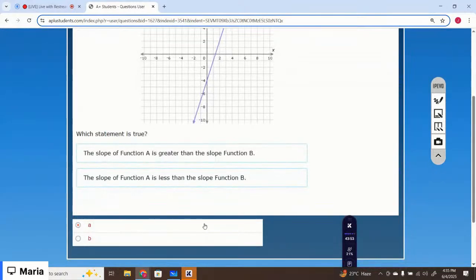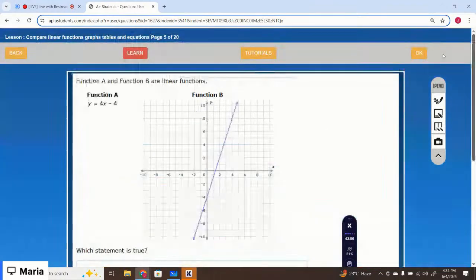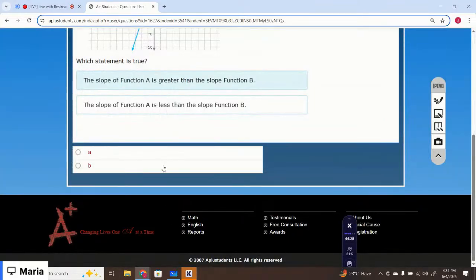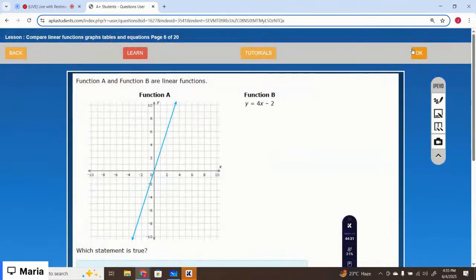The slope of function A is greater than the slope of function B. Option A is the correct option. Slope of function A is less than slope of function B. Option B is the correct option.